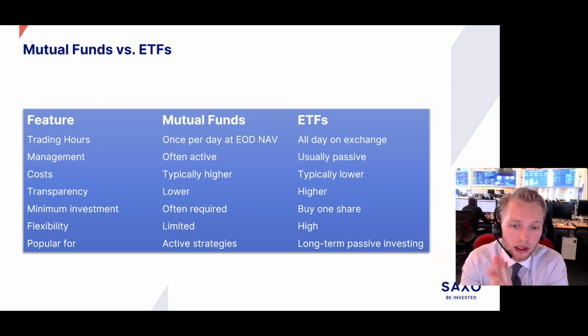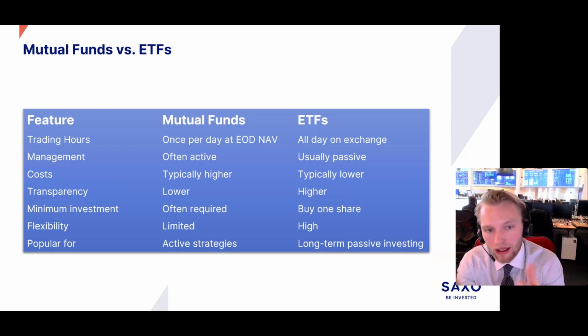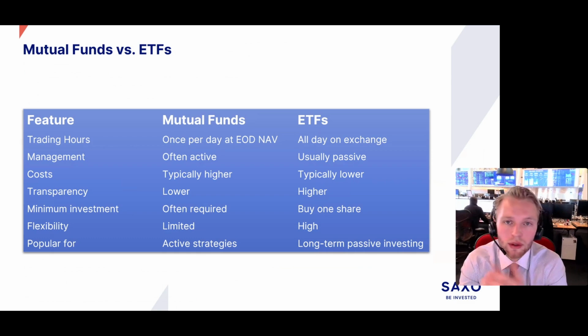So in that sense, ETFs are also way more flexible, I would say. Yeah, and then mutual funds are popular for people wanting to have active strategies, and ETFs are perhaps better suited for the ones that are less focused on short-term volatility, but more focused on the long-term perspective.